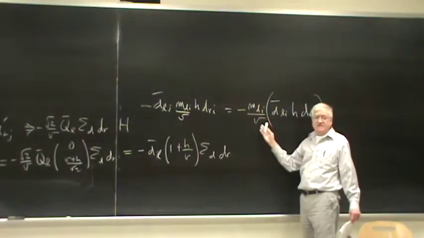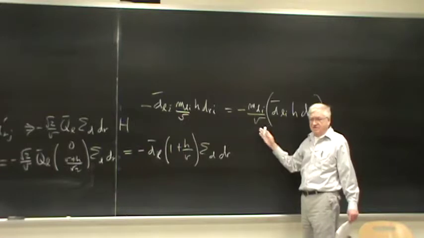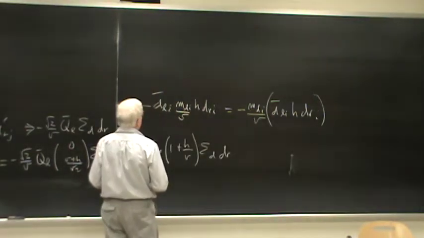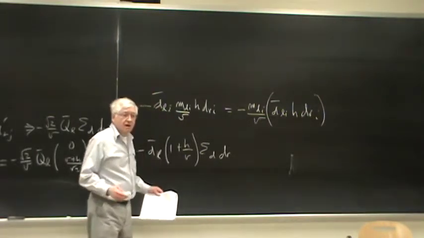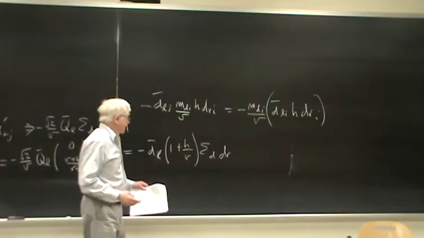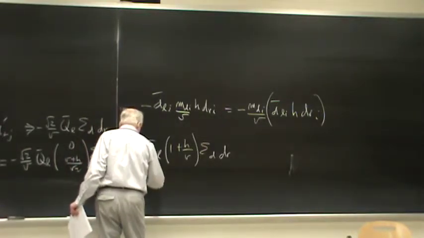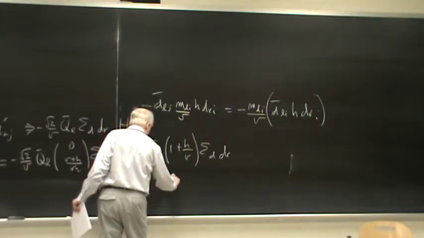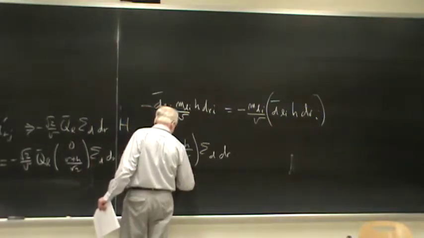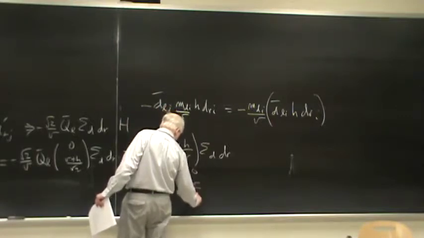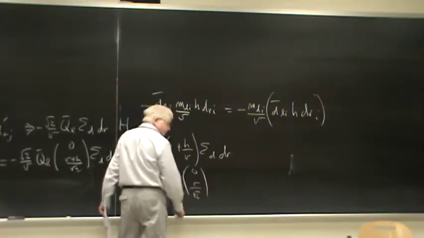The coupling constant then is the mass over the vev of the Higgs field. Where did the little h come from? Little h is in the vacuum. The mean value in the vacuum is 0, v over root 2. Okay?